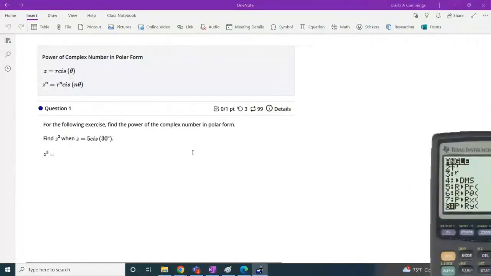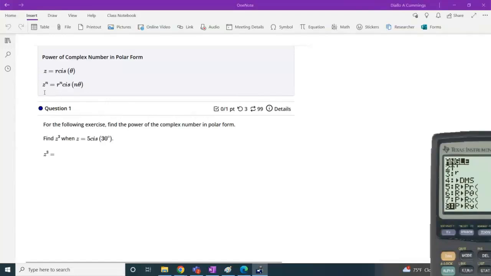Now, since this semester they've actually embedded the formulas in the problem. And for this particular problem, they give us these two formulas. The first formula that you see is simply a complex number in polar trig form.